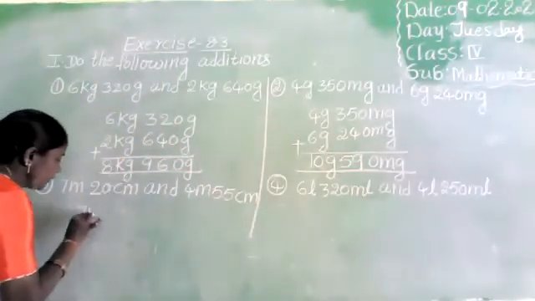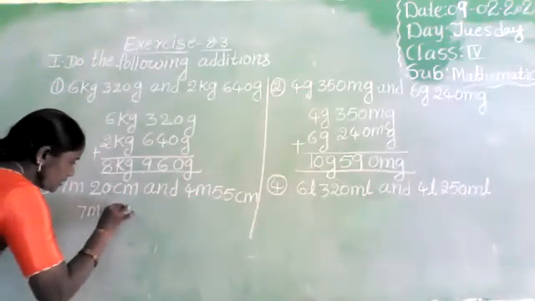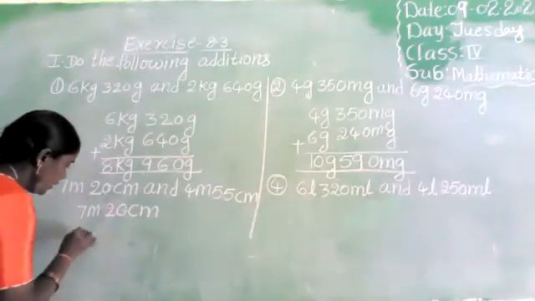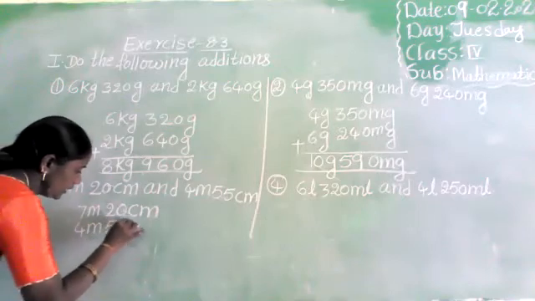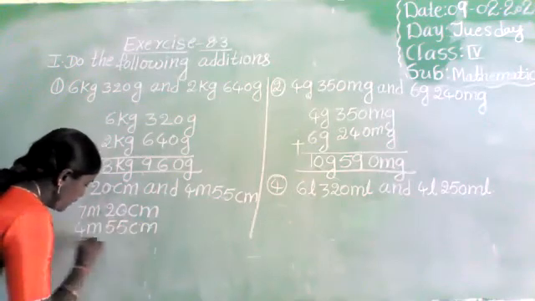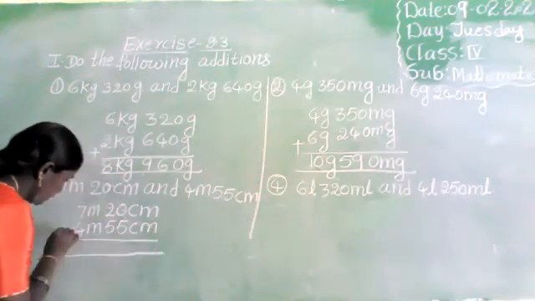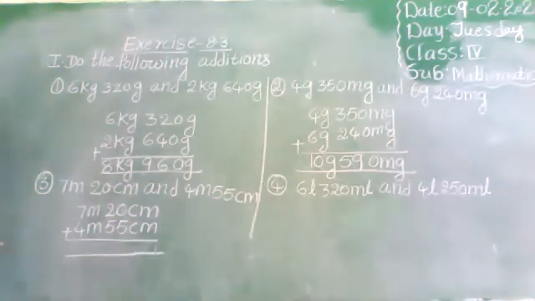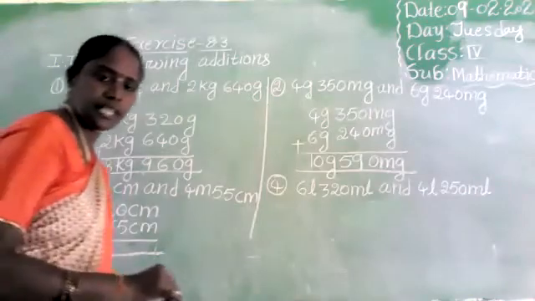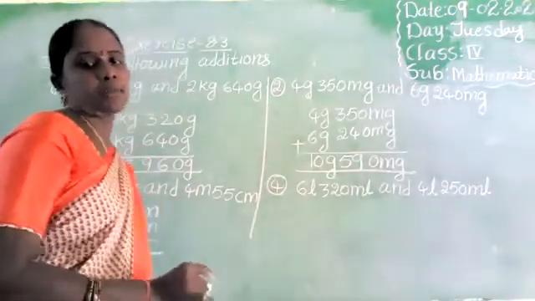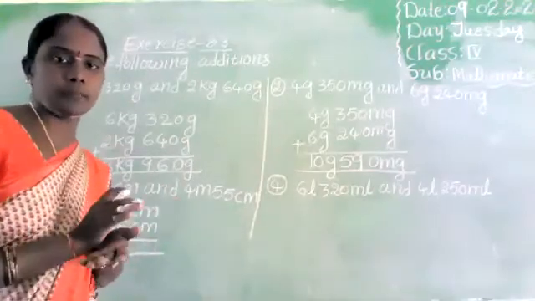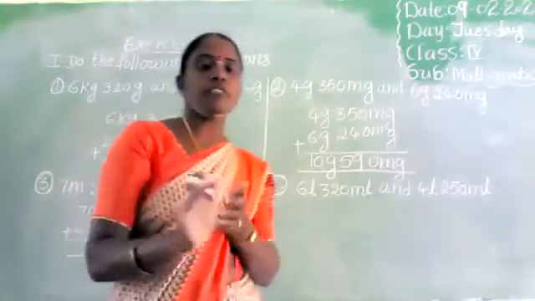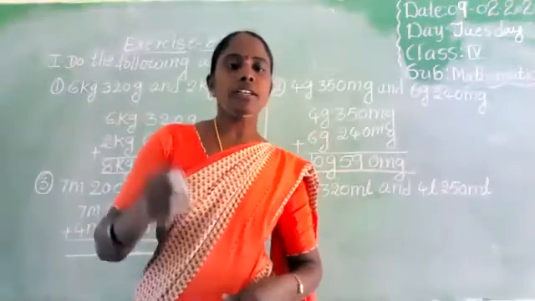Now, 7 meters 20 centimeters and 4 meters 55 centimeters. First add the centimeters. 55 centimeters plus 20 centimeters. What is the sum of 55 and 20? 75.